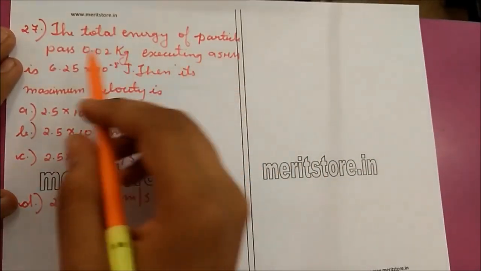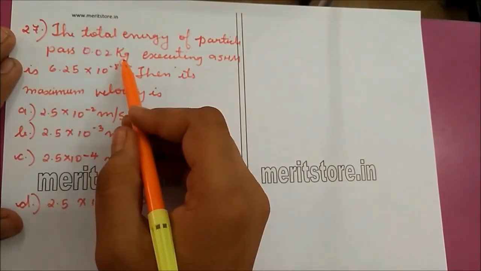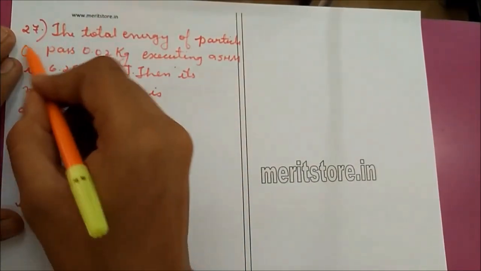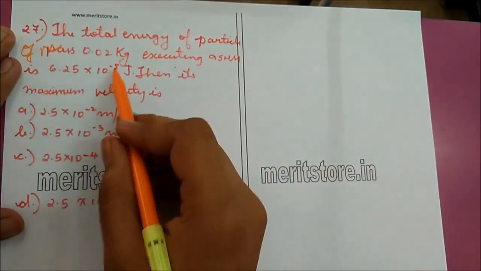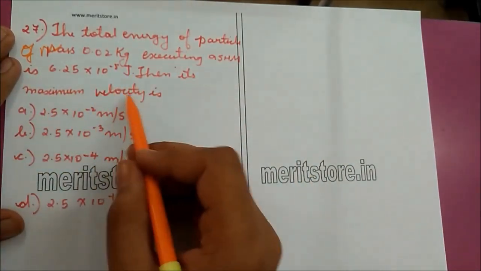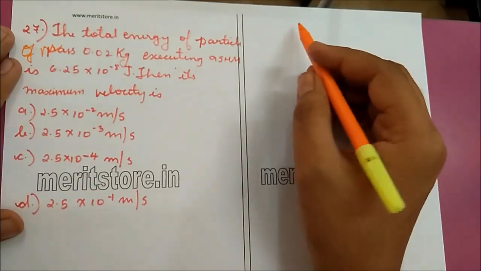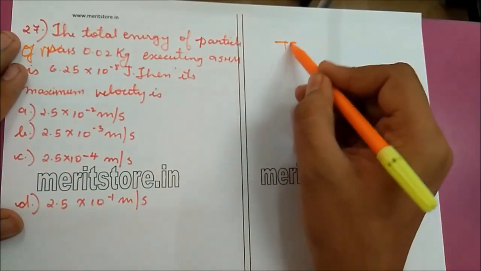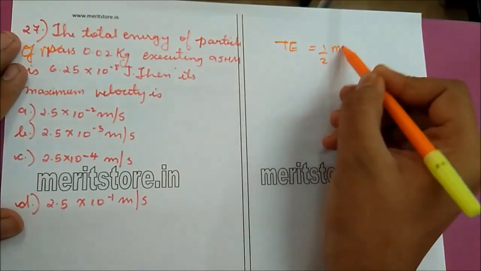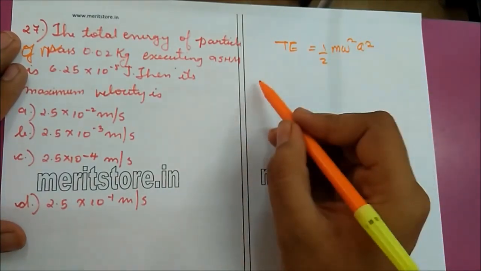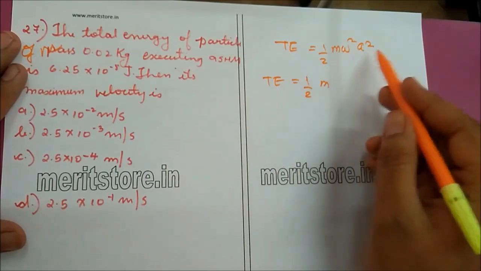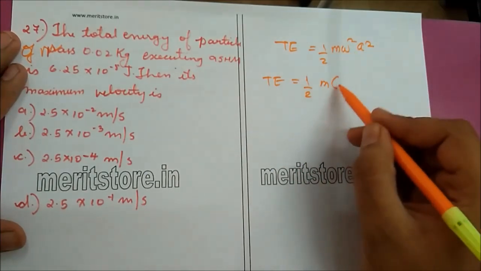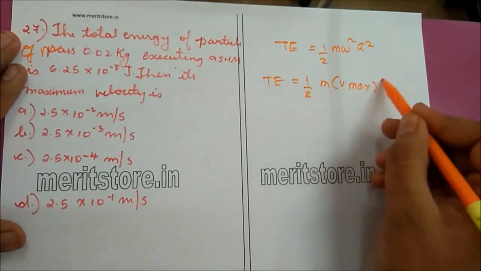The total energy of a particle of mass 0.0 kg executing a SHM is 6.25 into 10 raised to minus 8 joules. Then its maximum velocity is. So we know that V max is a omega, TE is equal to half m omega square a square, which is equal to half m a square omega square. I can put it as V max square.